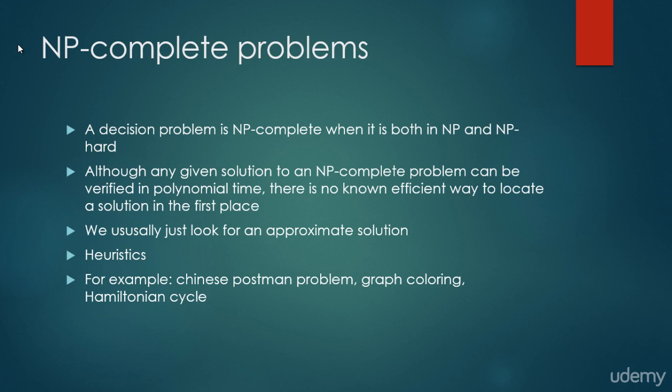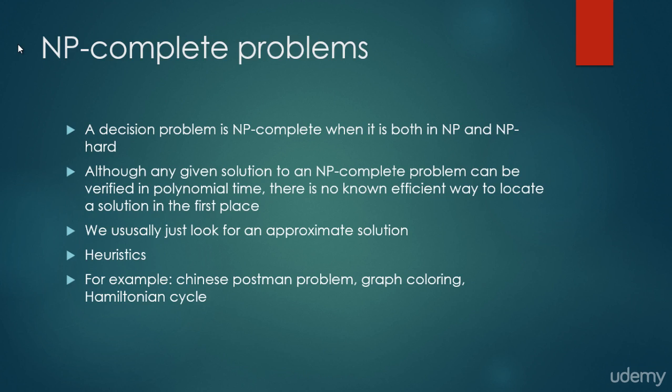A decision problem is NP-complete when it is both in NP and NP-hard. Although any given solution to an NP-complete problem can be verified in polynomial time, there is no known efficient way to locate a solution in the first place. So we usually just look for an approximate solution, and in this situation, as I said earlier, heuristics are needed. For example, the Chinese Postman problem, graph coloring, Hamiltonian cycles.